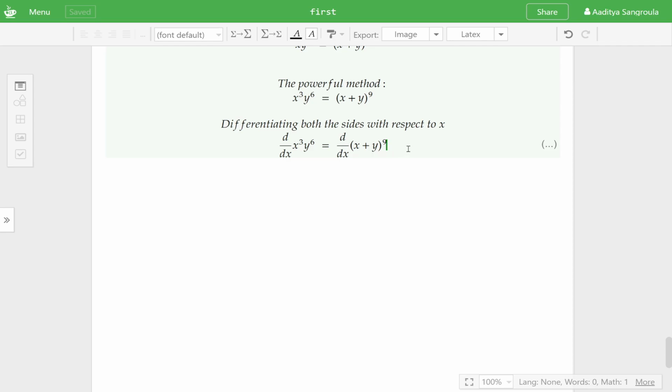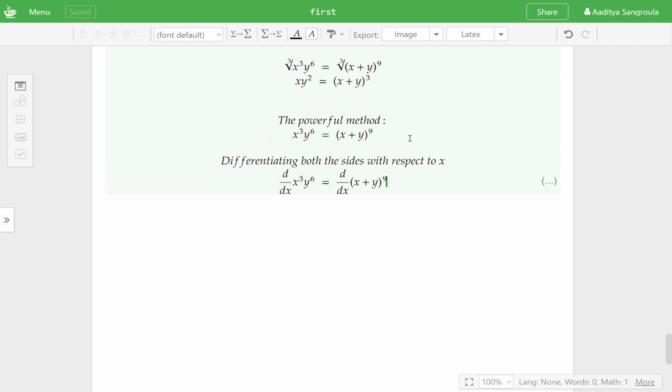If you look at it very carefully, you have two different variables here. One is x, and the other variable is y. So we need a way with which we can differentiate the variables.